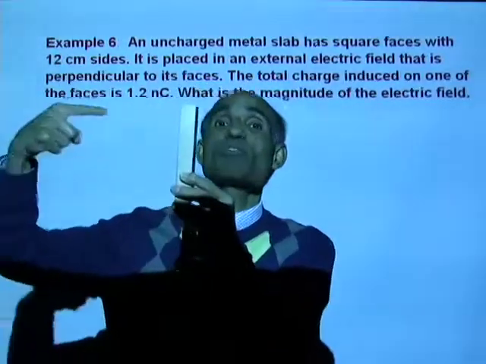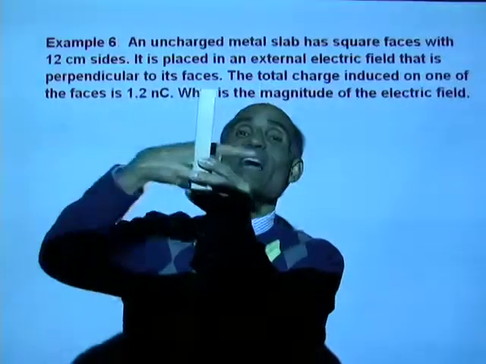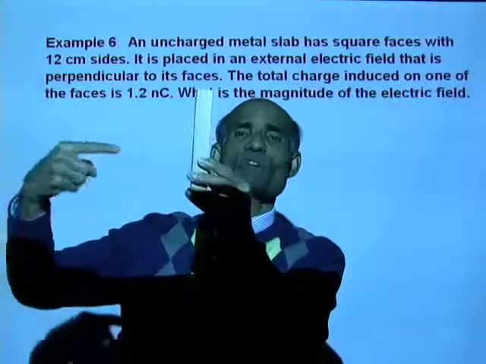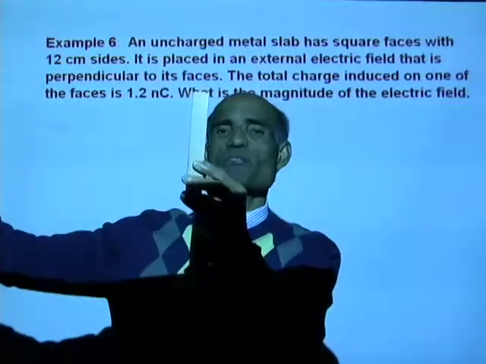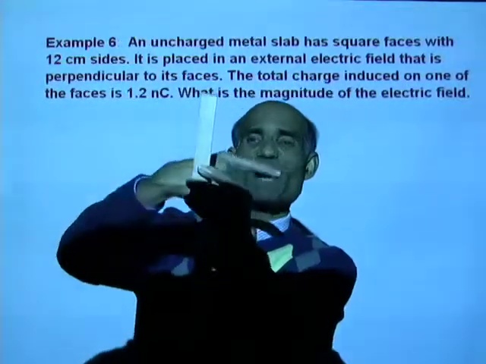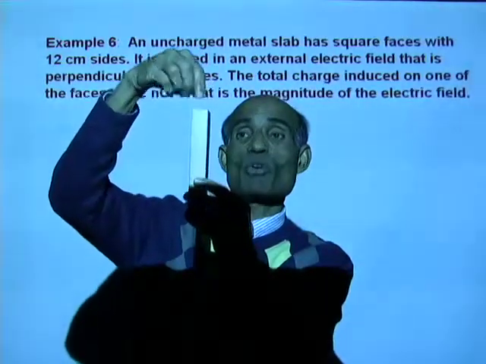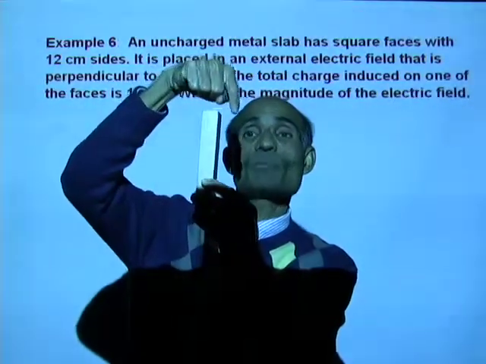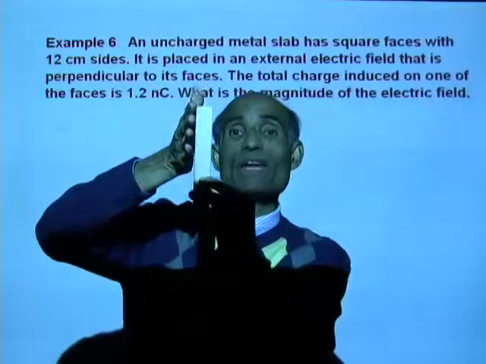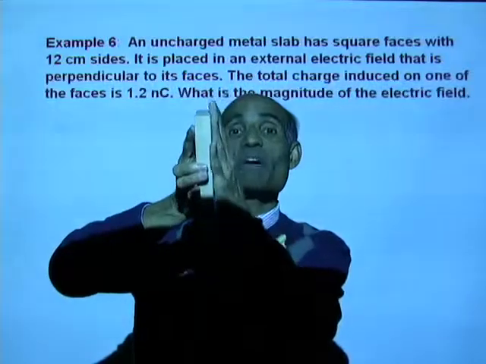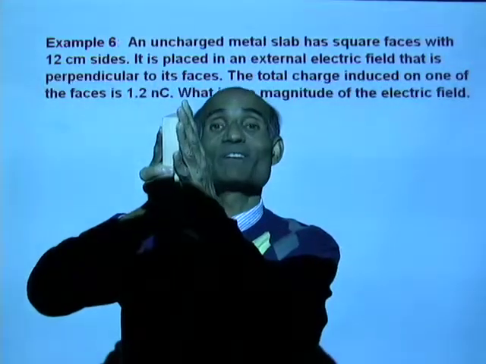So if there is a field going like this, from left to right, the electrons in this metal will move from right to left. They will all get accumulated on this face, leaving the other face positively charged.